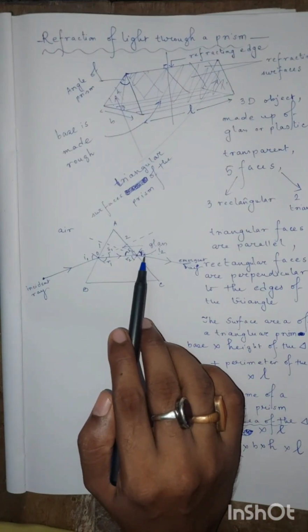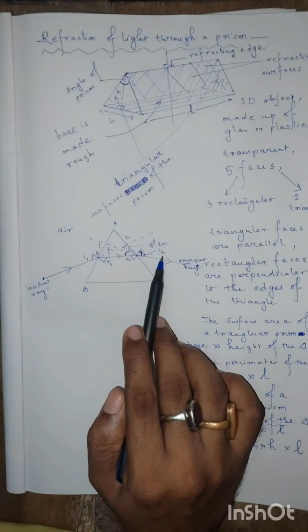Angle I2 can also be called angle of emergence.